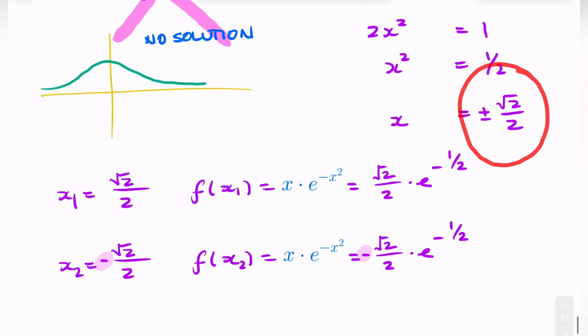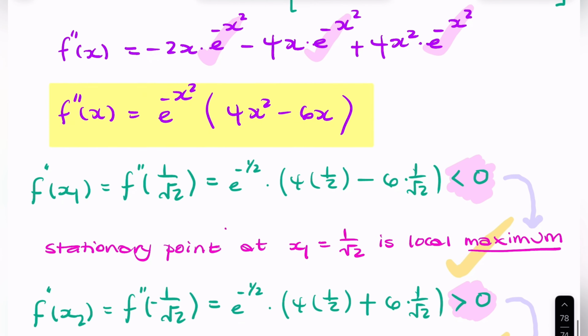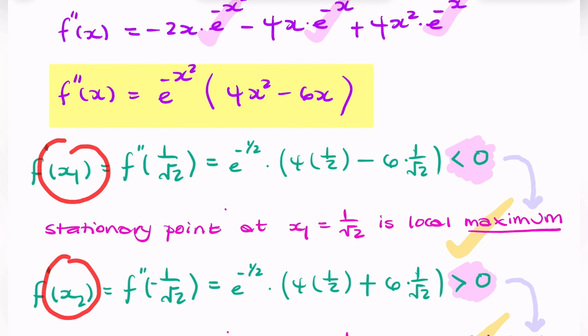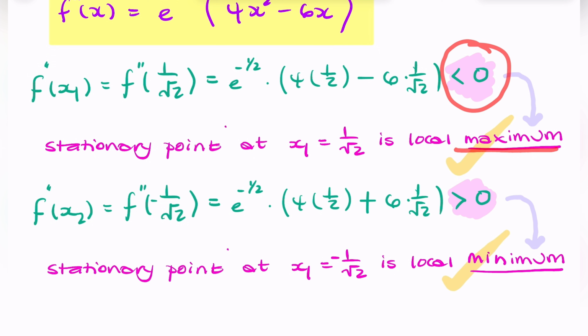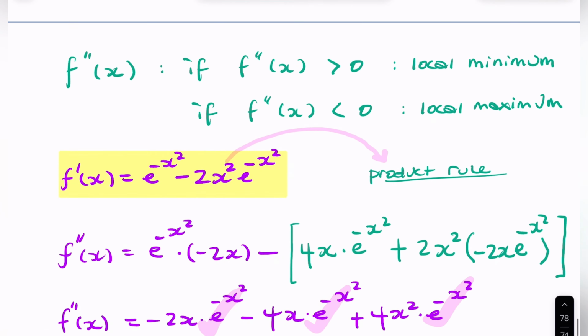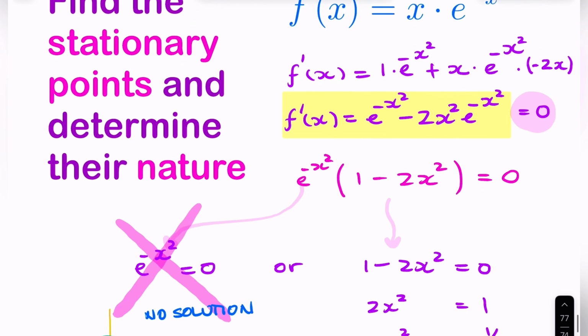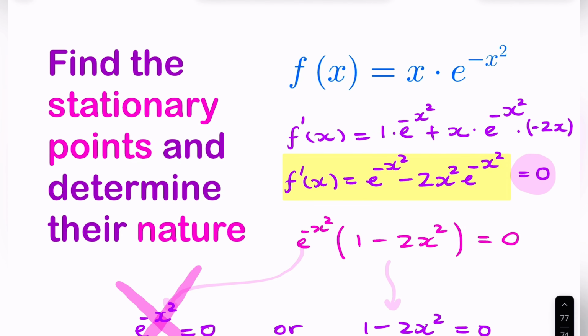It's these values that you need to substitute into the second derivative to see whether the answer is positive or negative. And if the second derivative is negative, then that point was a maximum. And if the second derivative was positive, then we have a minimum. So that's how you deal with questions that ask you to find the stationary points and then determine their nature.